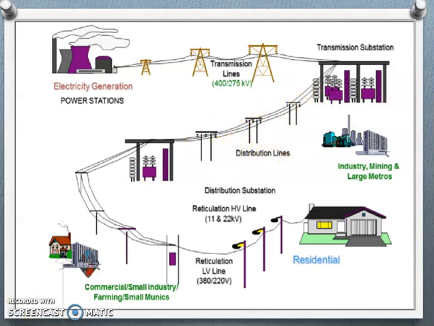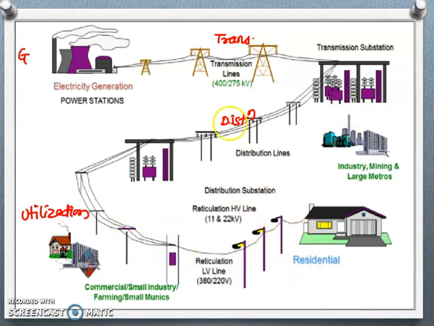So this will be our generation, this is transmission, this is the distribution section, and this one is the utilization section, where different consumers can get power or electrical supply through the service lines.